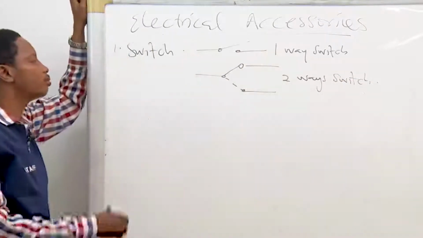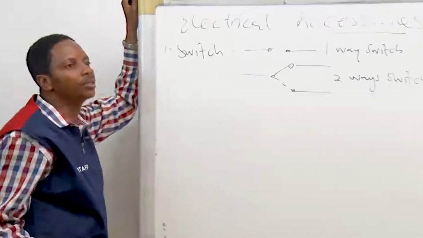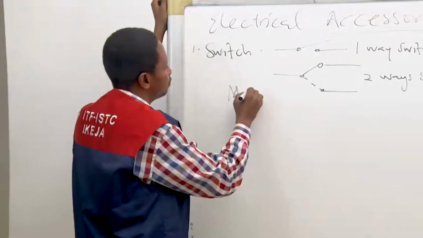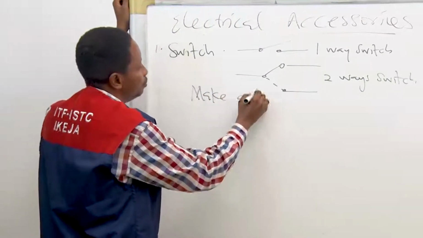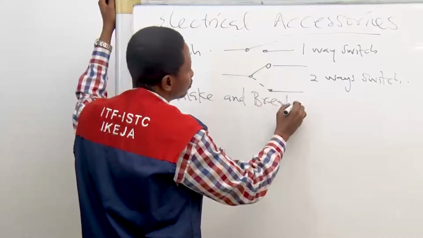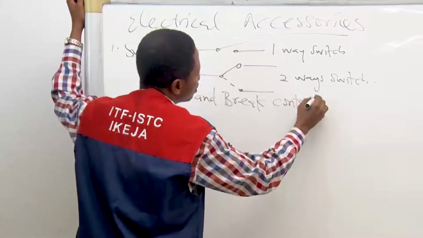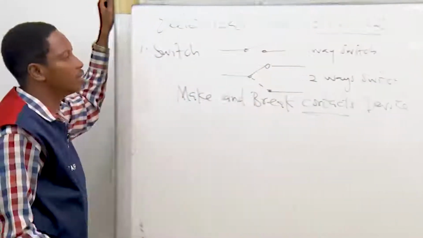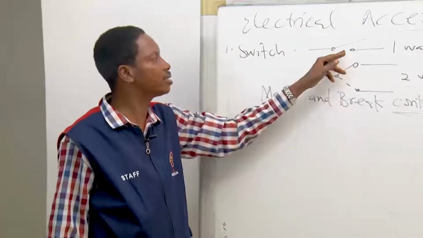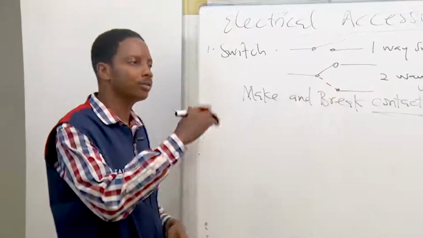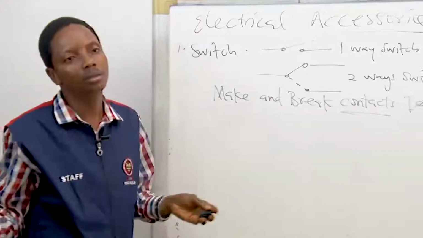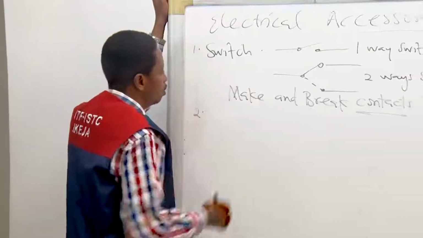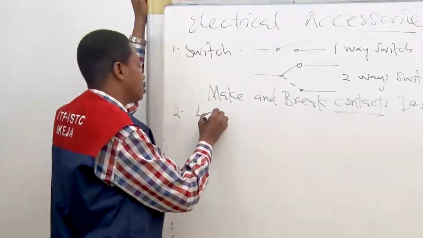Switch is what? A make and break contact device. That is, what it does is either make the contacts or break them, which is commonly known as off and on.